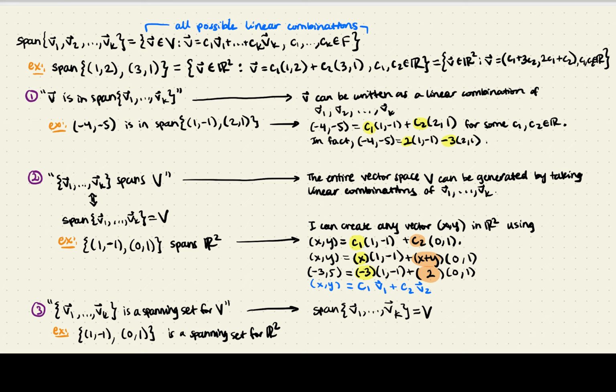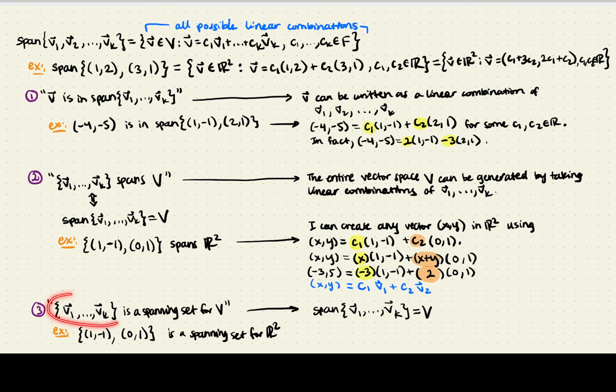Okay. So these are three different ways of using the word span. If we have a vector that's in the span of a set of vectors, then that vector can be written as a linear combination. If a set of vectors spans a space, that's like the verb, it spans it. That means if I took the span, I would generate that vector space.